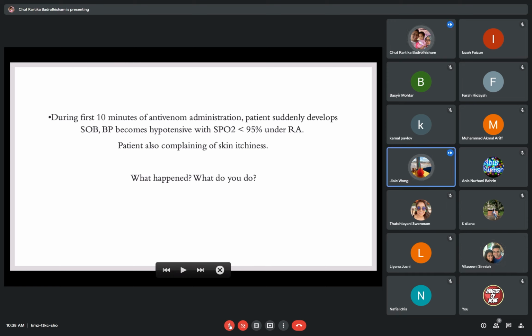Because of the skin itchiness, can we think it's anaphylactic? Or we don't know? Okay, you don't think this is anaphylactic? Or is it as simple as that? Yes, it could be, because of the drop of SpO2. So which medication do you want to give to the patient first?